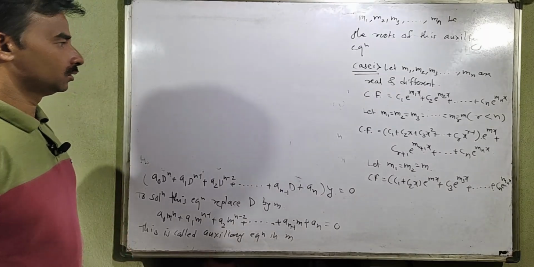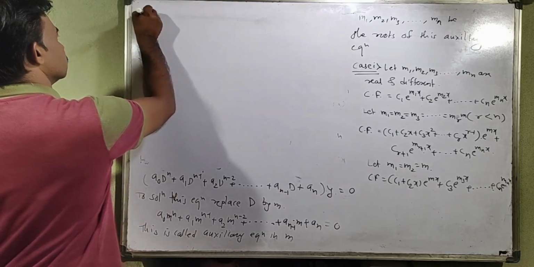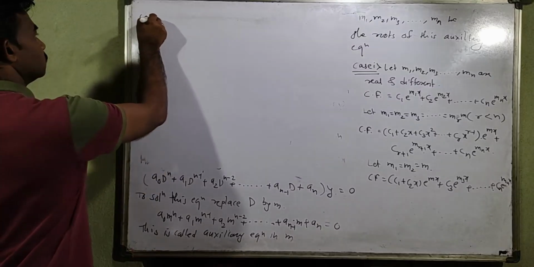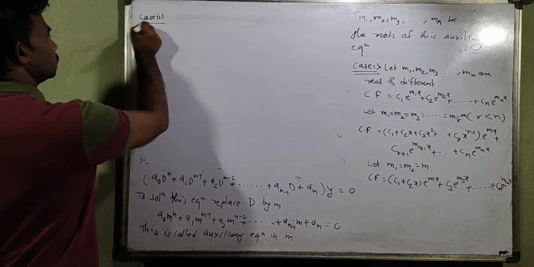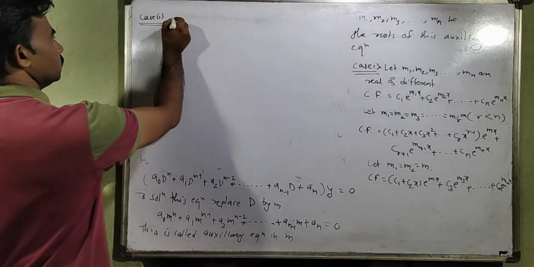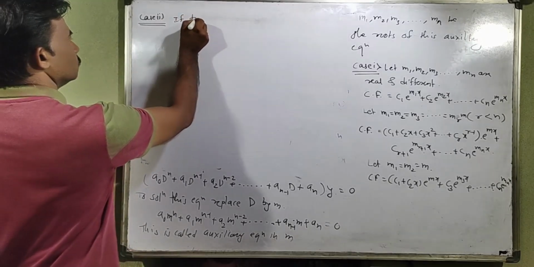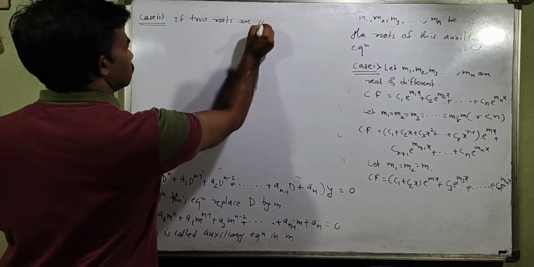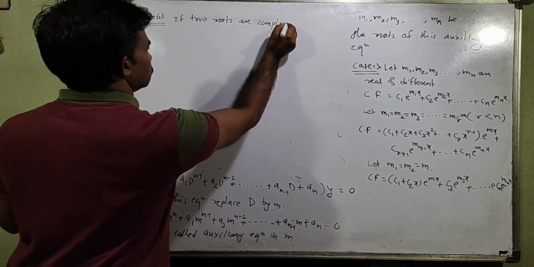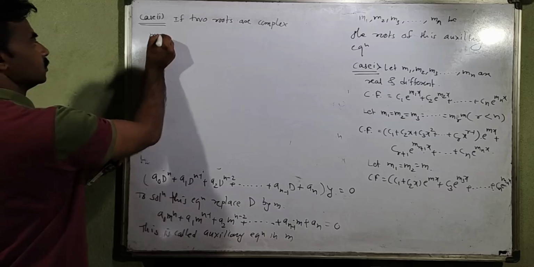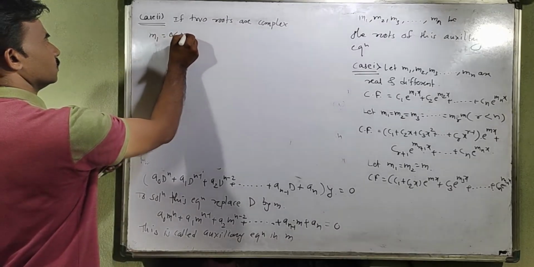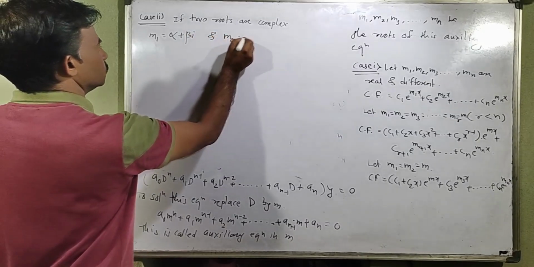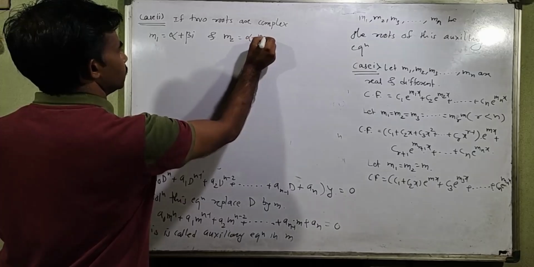Okay, we go through case number 2. What is case number 2? If two roots are complex, that means let us consider m1 = alpha + beta i and m2 = alpha - beta i.